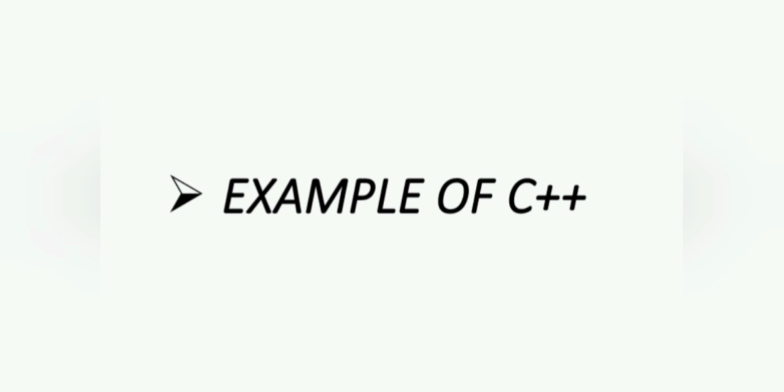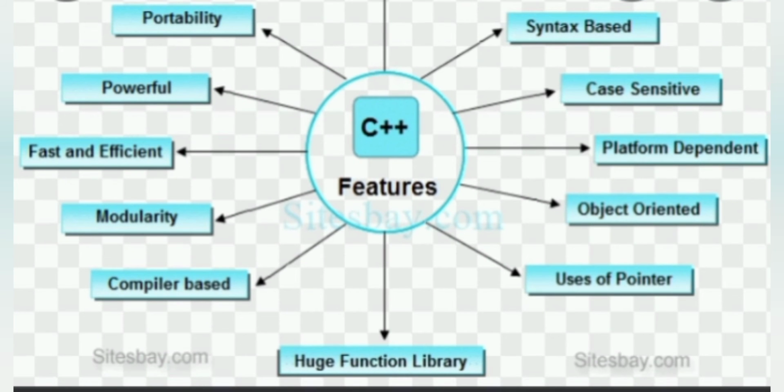Now example of C++. There are many features in C++: syntax based, case sensitive, platform dependent, object oriented. We will discuss object oriented.